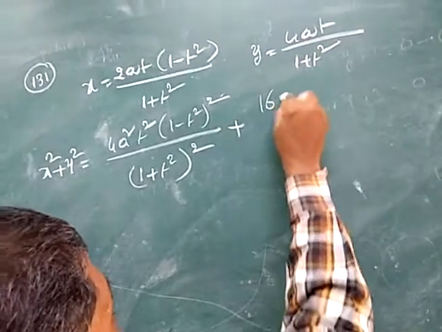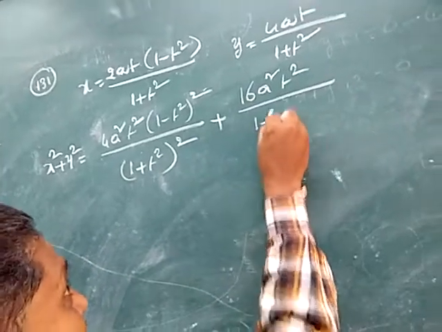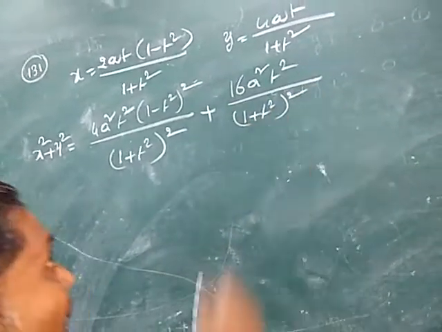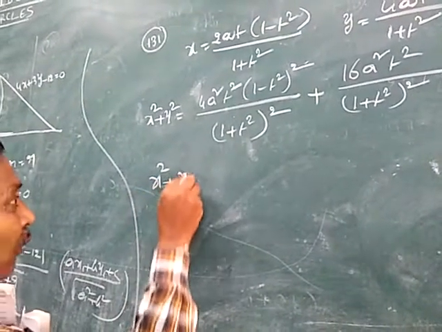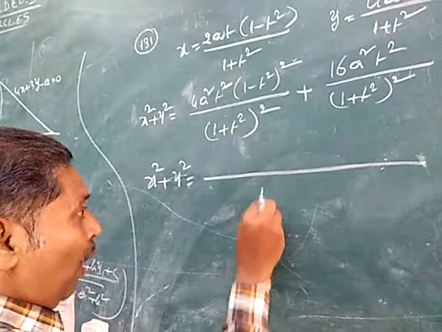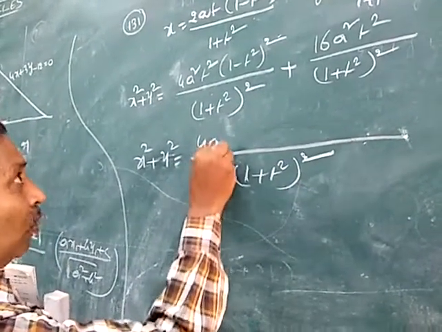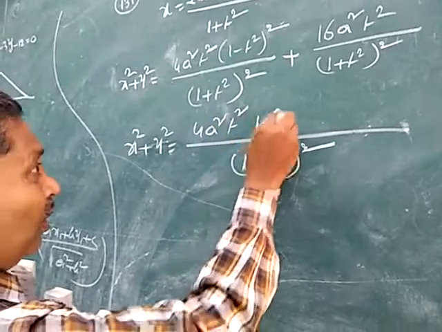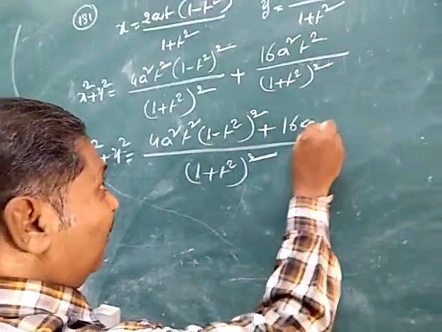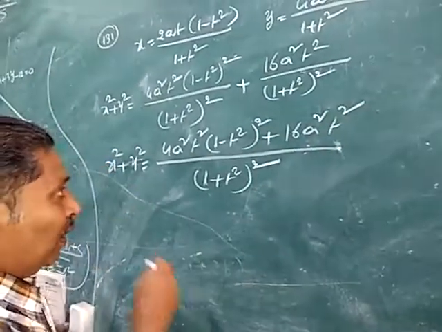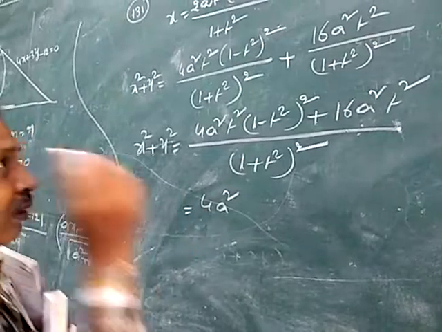Y square value is 16a square t square by (1 plus t square) whole square. Next, x square plus y square equals, with LCM (1 plus t square) whole square, 4a square (1 minus t square) whole square plus 16a square t square. Take common 4a square.